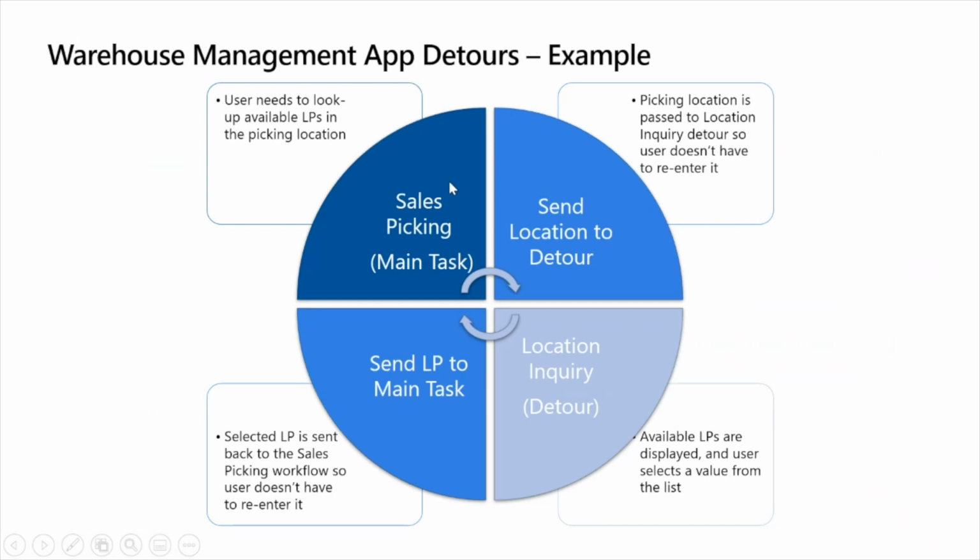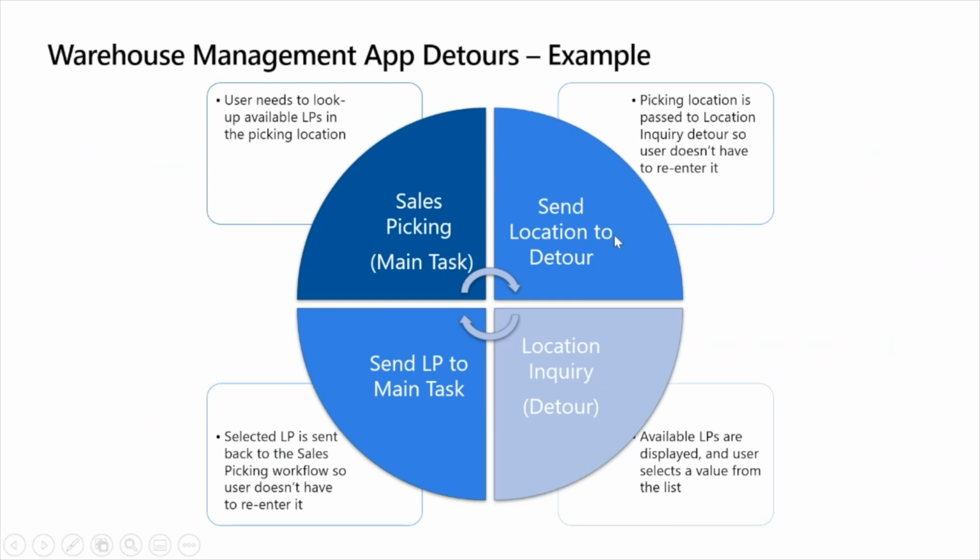If I'm completing a sales pick and I'm the user on the mobile app and I arrive at the picking location and maybe the license plates are damaged or missing or facing the wrong way where I can't scan them easily, then I may want to pause my picking task and go to a detour task, which is a location inquiry to find a license plate that I can pick.